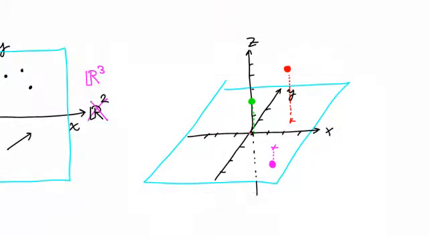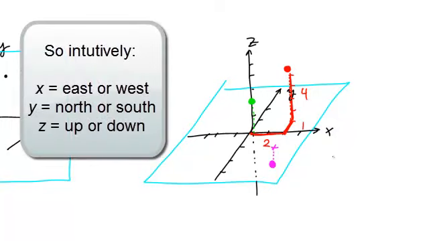So in a three-dimensional world, we should start off by describing how far east or west it is, in this case, 2 units east, then how far north and south it is, in this case, 1 unit north, and then finally, how far above or below the plane this point is. In this case, it's 1, 2, 3, 4 units up. So 2 units east, 1 unit north, and then 4 units up above the plane.